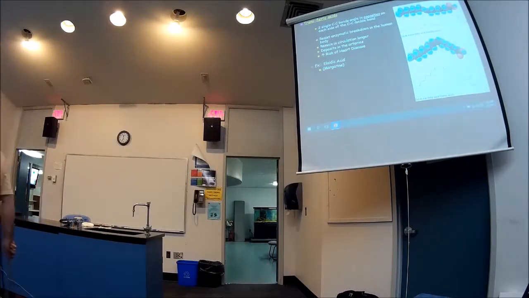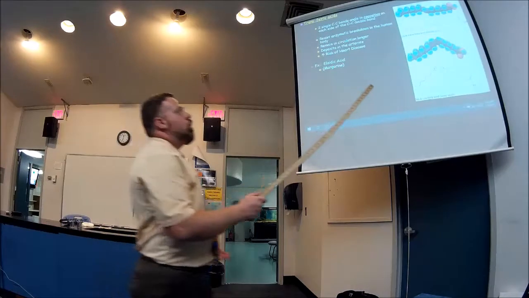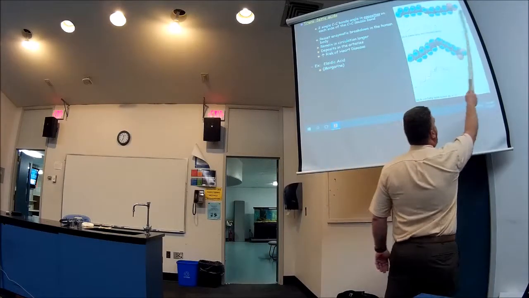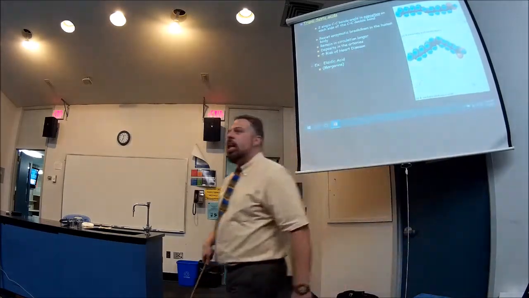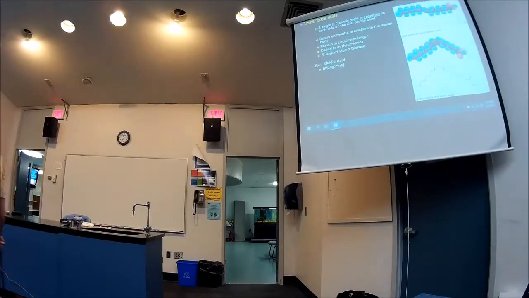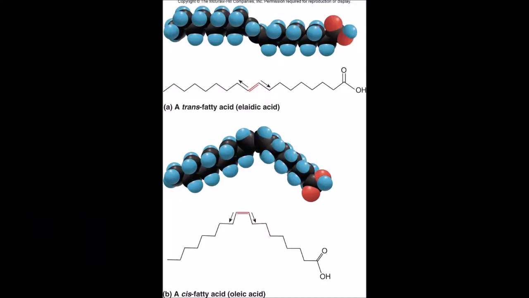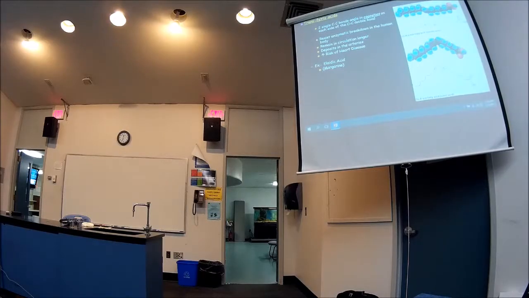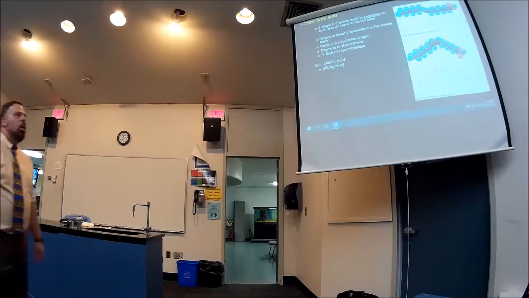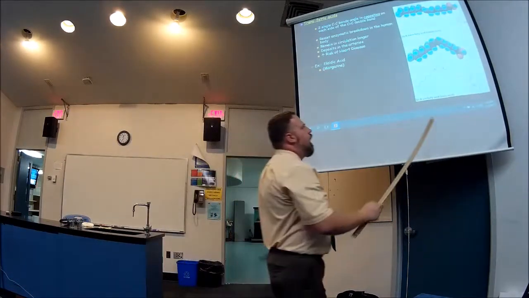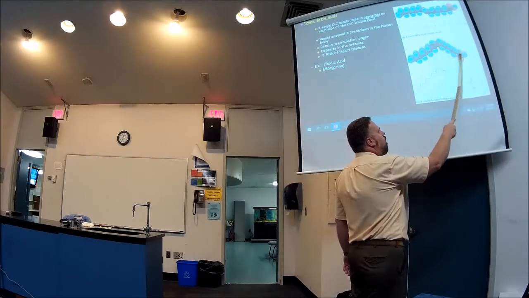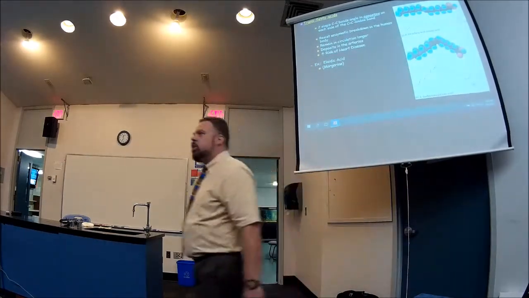There's a bend there, but the bend is not so good. In fact, if you look at it from a distance, it looks very linear, just the way a saturated fat would be. But there's a bend there. But when you have a cis fatty acid, the bend is, well, you can see that from a distance.